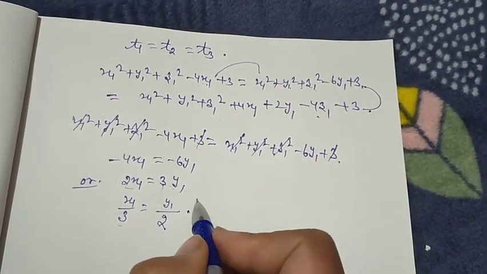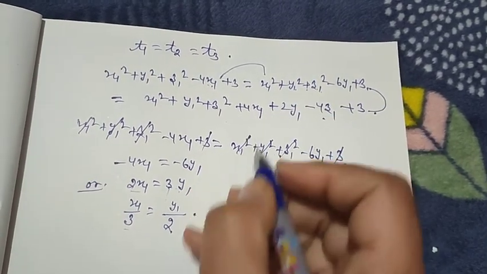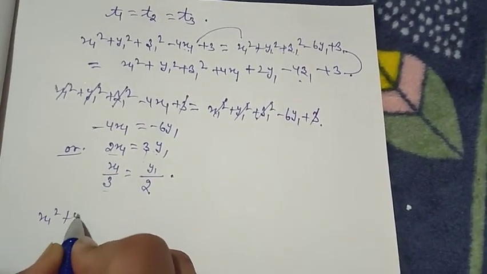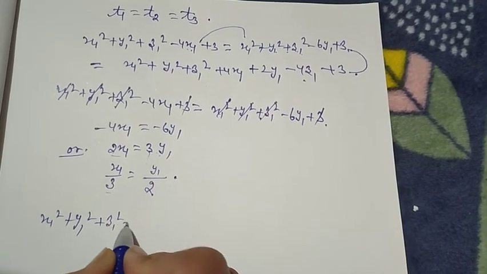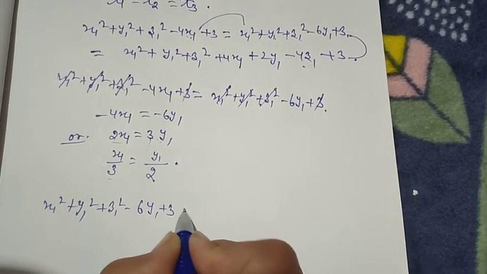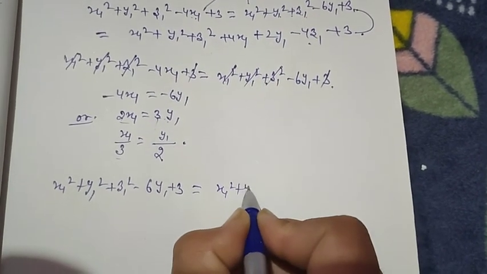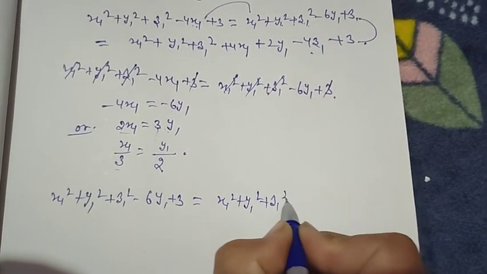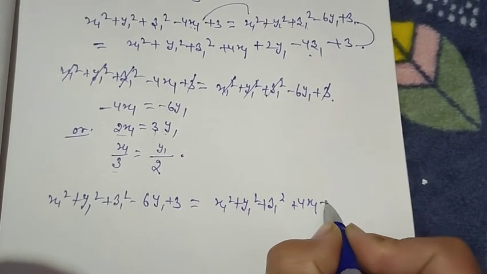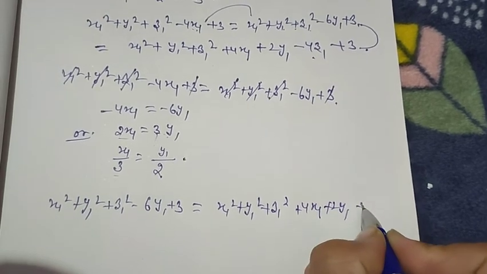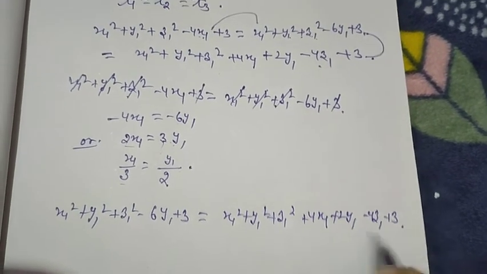This is from the first two relations. Now we take the second and third relations. x1 square plus y1 square plus z1 square minus 6y1 plus 3 is equal to x1 square plus y1 square plus z1 square plus 4x1 plus 2y1 minus 4z1 plus 3.